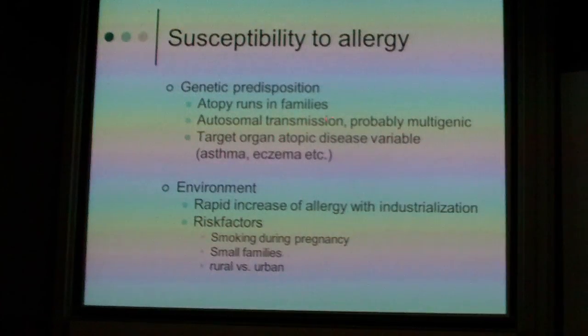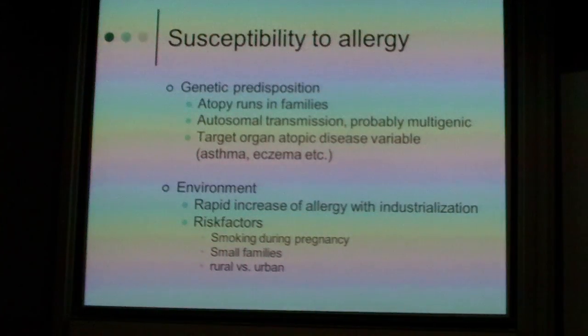Target organs in atopic disease are variable. You may have lung pollens, asthma, but you may also have eczema, which is basically a skin allergy. Related to the environment, there's a rapid increase of allergy with industrialization, so it looks a little bit like environment and pollution may be important for triggering genes, and in that case also triggering induction of allergy.